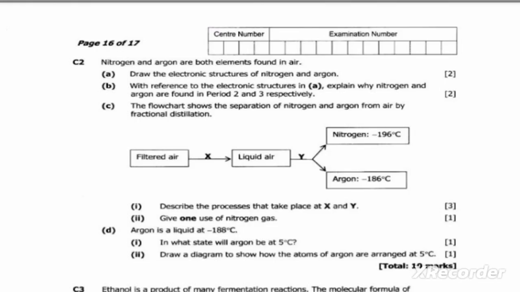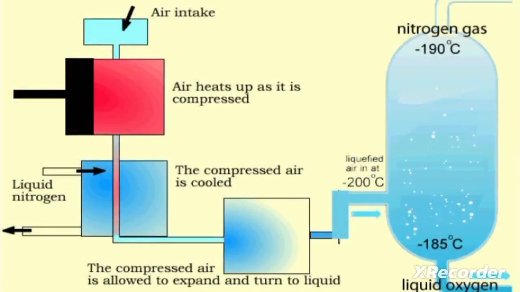Okay, so the filtered air will enter like this. Then the filtered air will be compressed, and it heats up as it is compressed. After being heated, the filtered air will be cooled while being compressed.